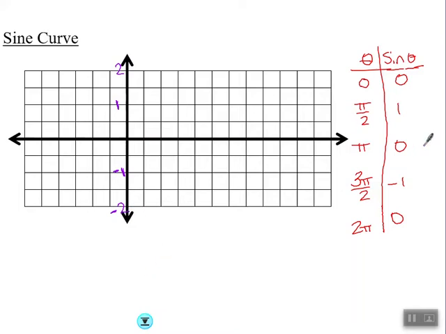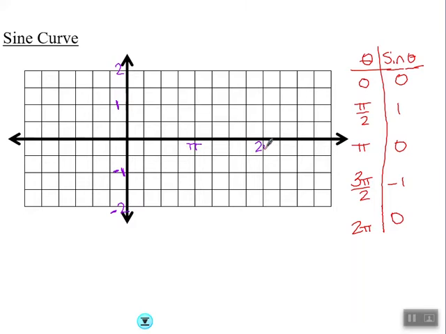Along the x-axis, we are going to count by pi over 4. It's a little annoying to have to write pi over 4, pi over 2, 3 pi over 4, and pi for every mark on the x-axis, so I'm just going to write multiples of pi. So if I have pi over 4 for each mark, that means that every 4 marks is pi.